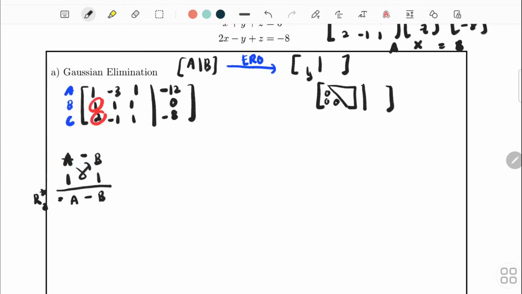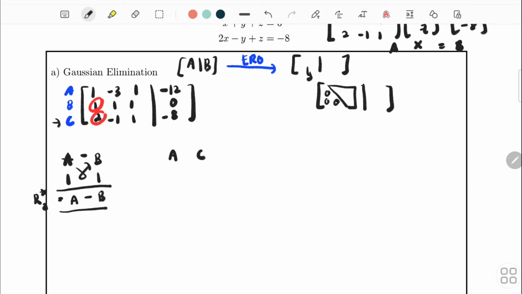Alright, so we've got the first operation, which is getting the new second row, and then we're going to change the third row by taking A as a reference value.